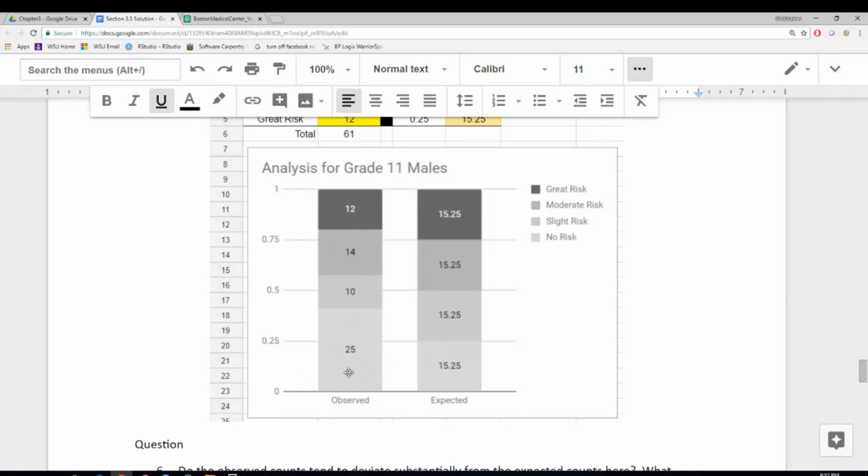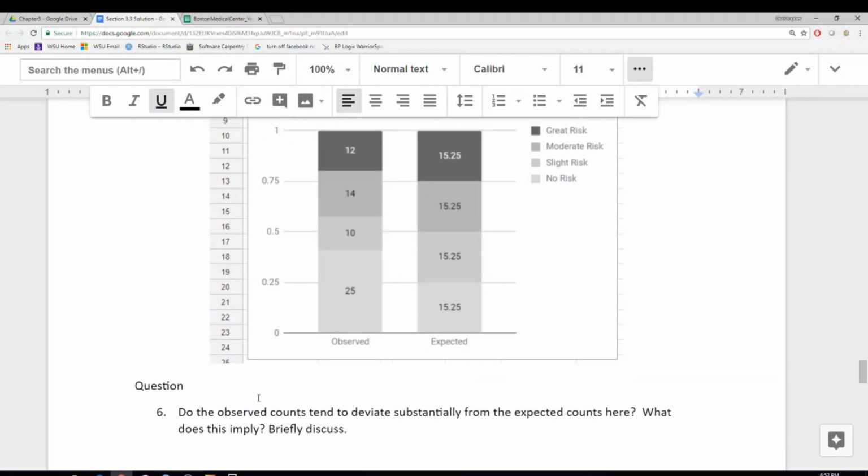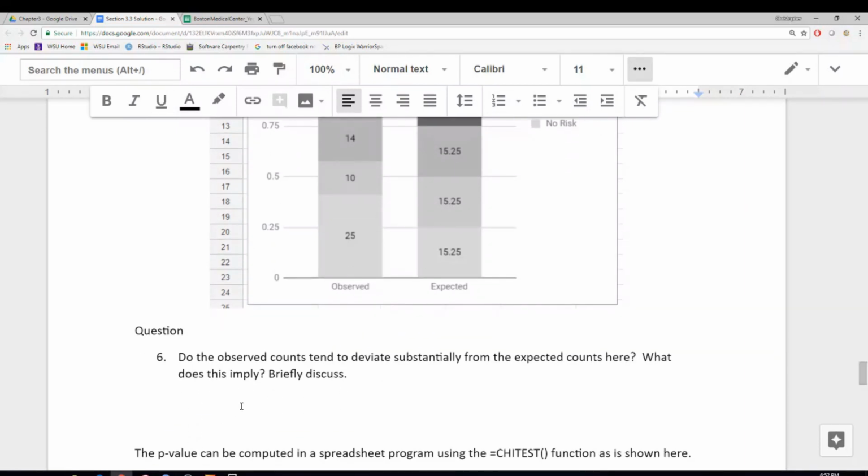So for grade 11 males, there appear to be individuals that are more lax about the potential harmful effects of smoking weed compared to the rest of the state of Minnesota. Do the observed counts tend to deviate substantially from the expected counts here? Well, what do we think? They do.